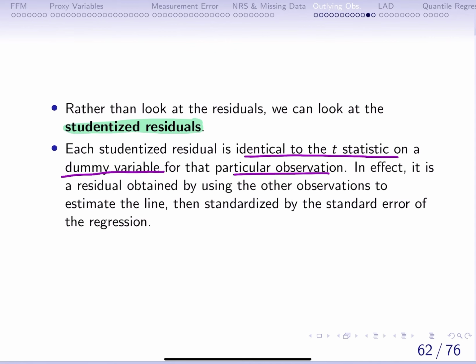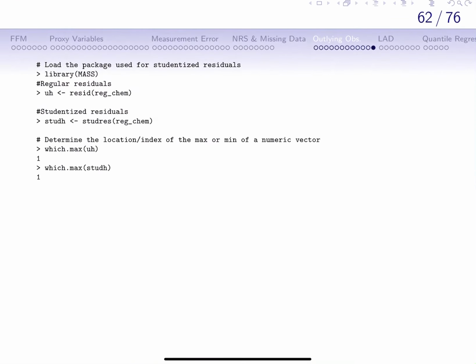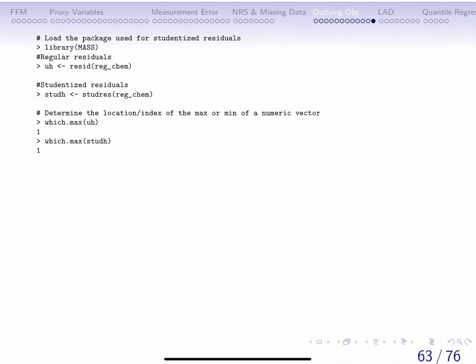If you want, you can read on this from the book, but I give you the code here on how to calculate that. You will need to download the MASS package and load it to your library. The regular residuals are calculated in this way, but the studentized residuals are calculated in this way.